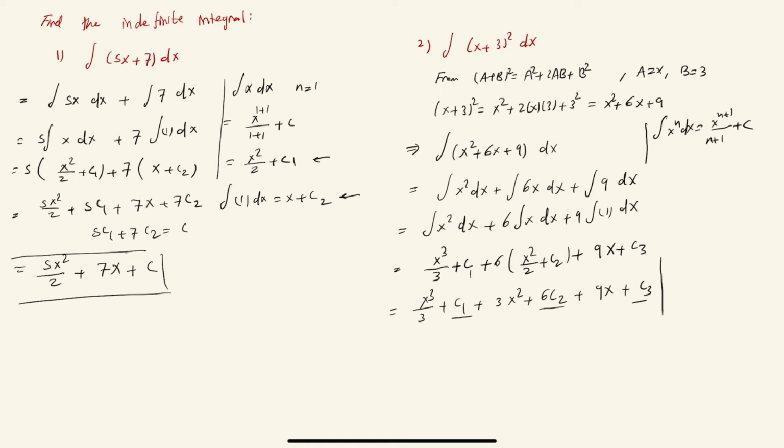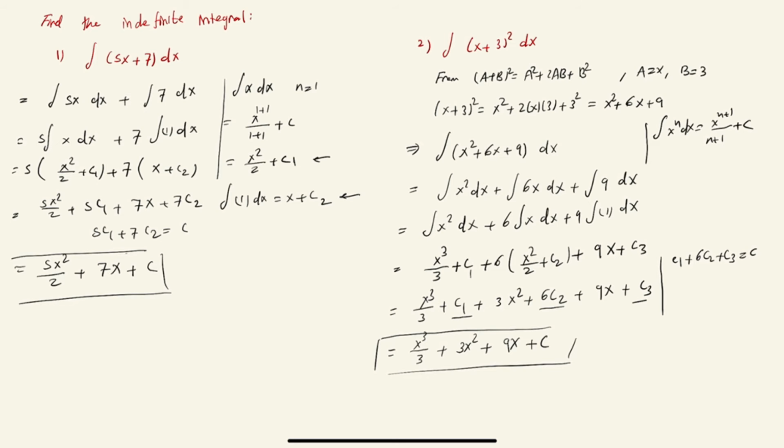Now notice that c1 and 6c2 and c3, I'm going to add all these constants and set them equal to c. So that we will have x cubed over 3 plus 3x squared plus 9x plus c. And that is the result of part 2.